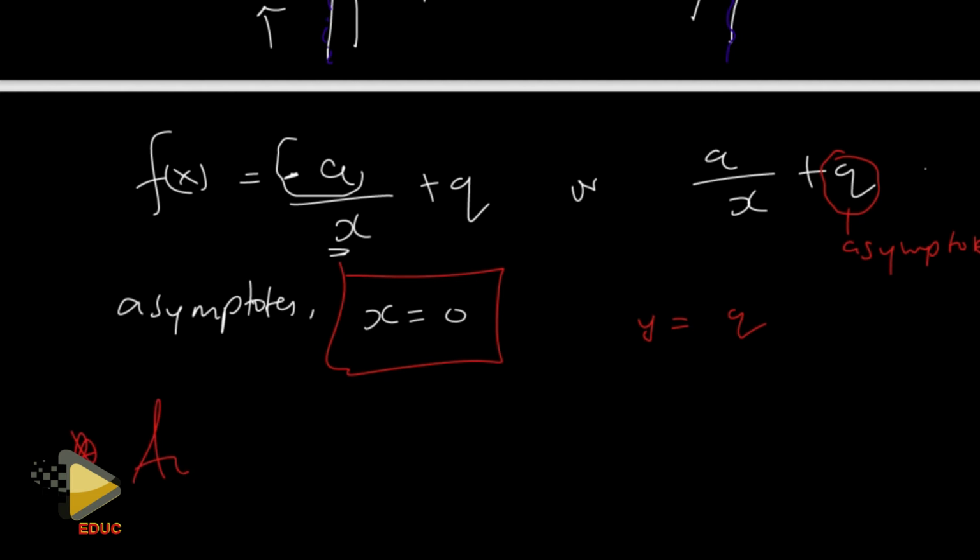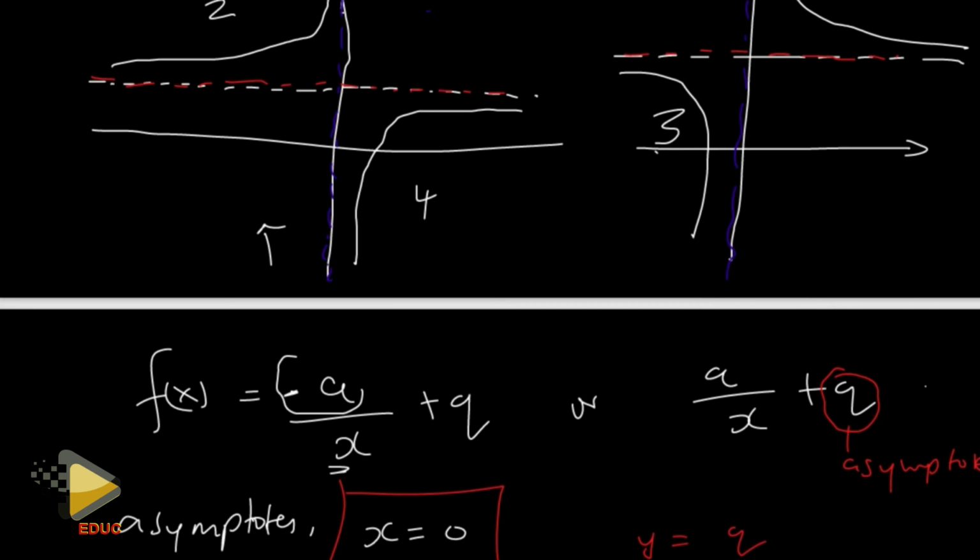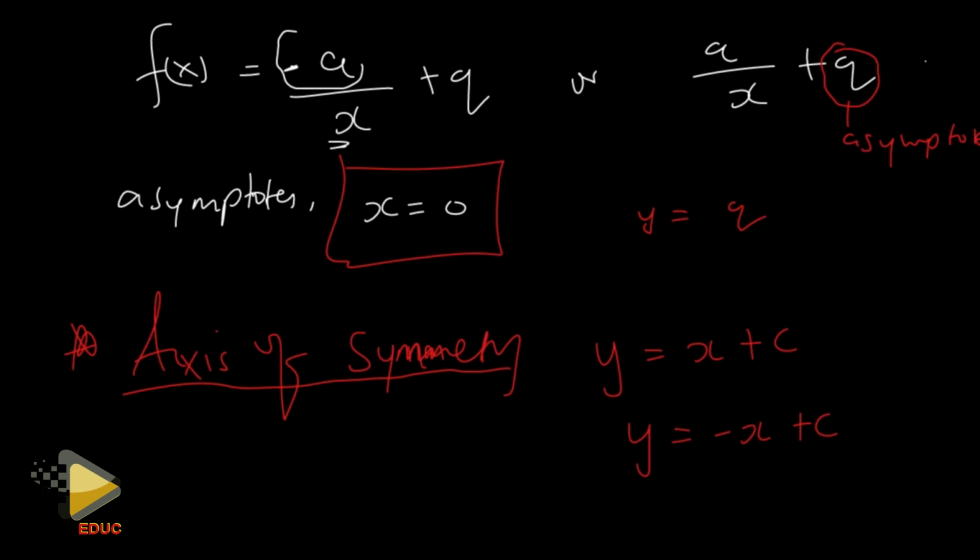The last part is what we call the axis of symmetry. Okay, that's when the graph is divided into two parts. So we have two equations. Okay, y is equal to x plus c, or y is equal to negative x plus c. So what c is depends on the value of q.